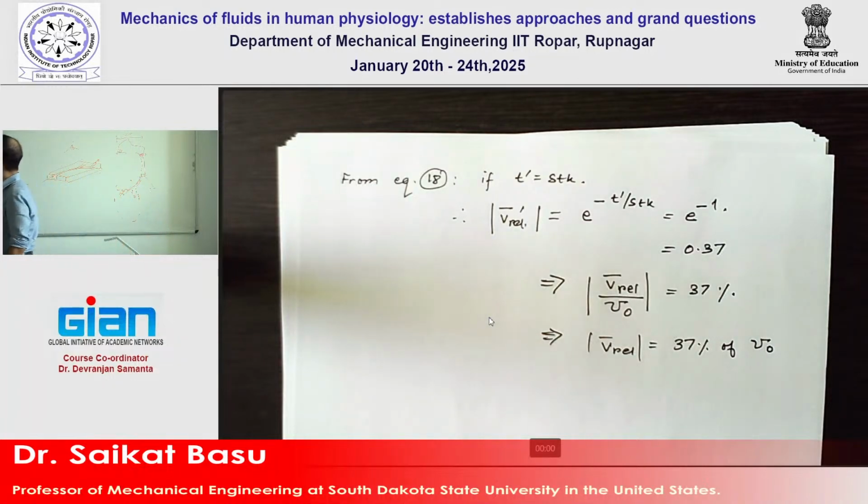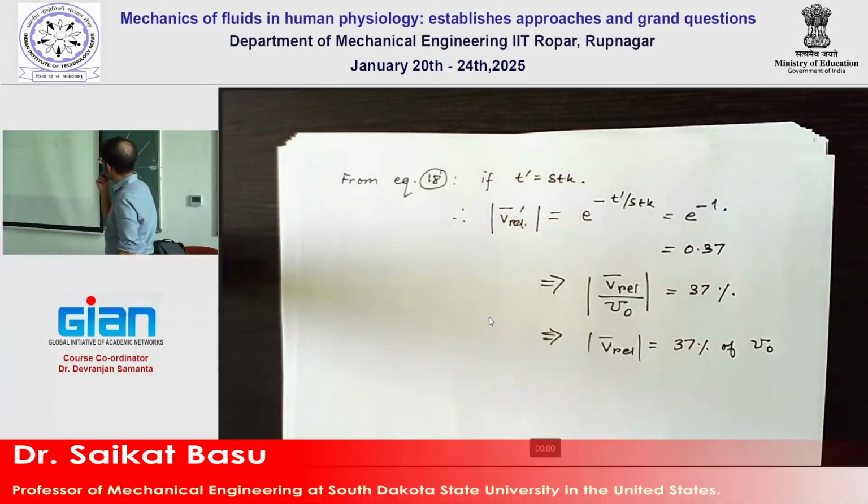So, what does this tell us? This tells us that Stokes number is that non-dimensional time that is needed for the particle to achieve 37% of the mean speed of the ambient flow.